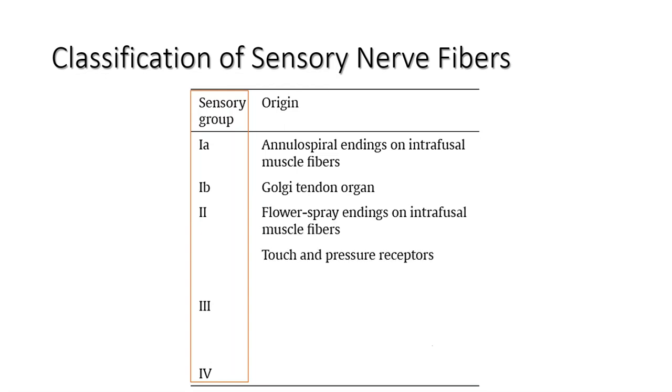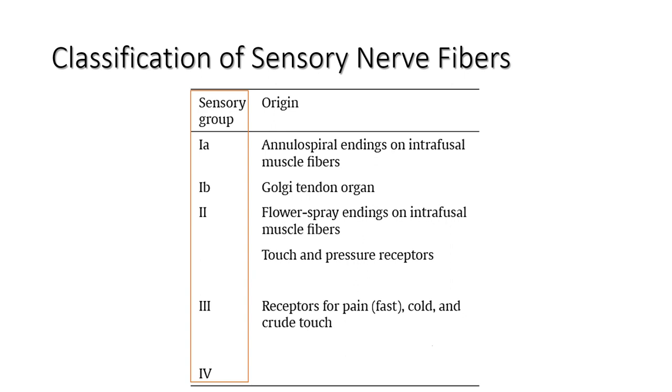Group 2. These are fibers from most discrete cutaneous tactile receptors and from the flower spray endings of the muscle spindles. They carry fine touch and proprioceptive sensations. Group 3.